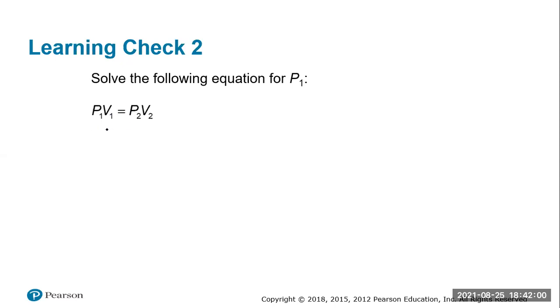Same idea here. Let's say we wanted to solve for P1, right? So when we look at this, we are multiplying. So the opposite of it is dividing. So we would need to divide both sides by V1. And that gives us P1 is equal to P2, V2 over V1.